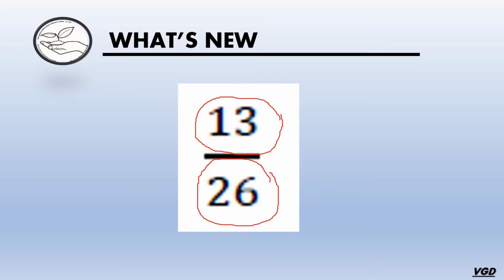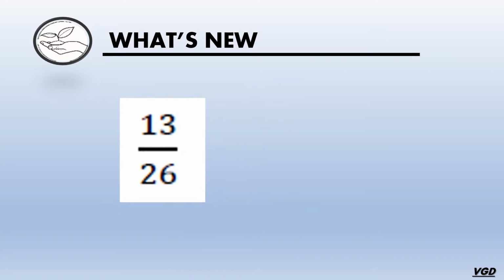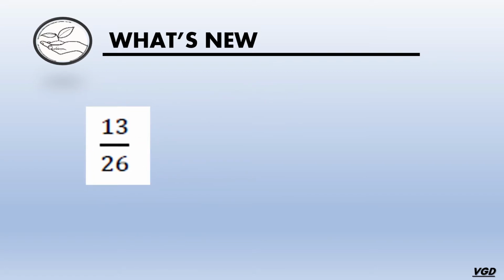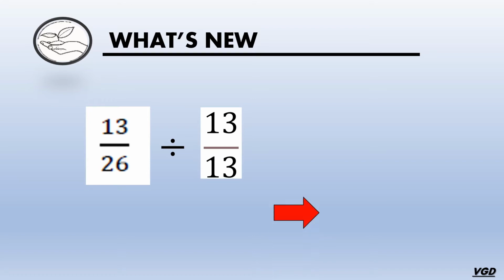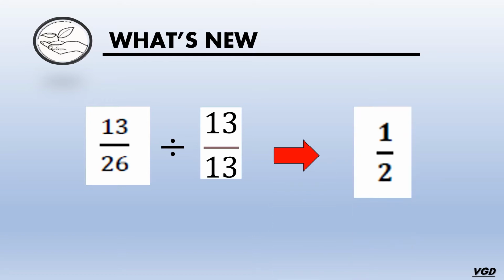This is also called simplifying fraction. The greatest common factor of 13 over 26 is 13. Therefore, we divide both the numerator and the denominator by 13. So therefore, its lowest term is equal to 1/2.